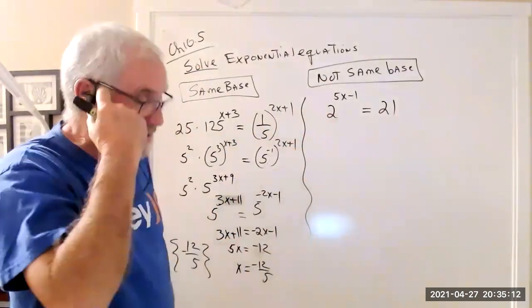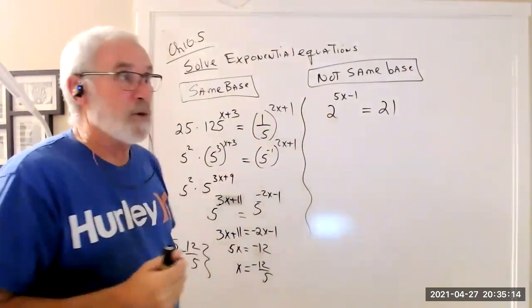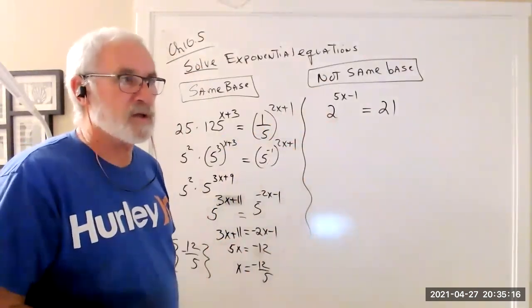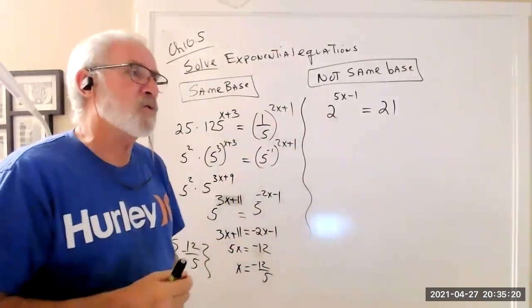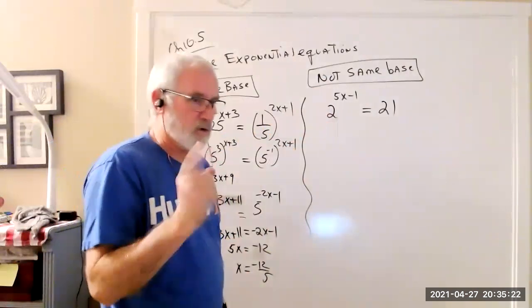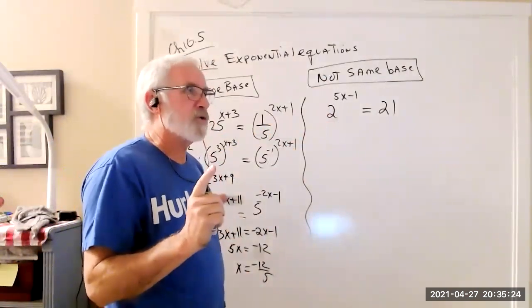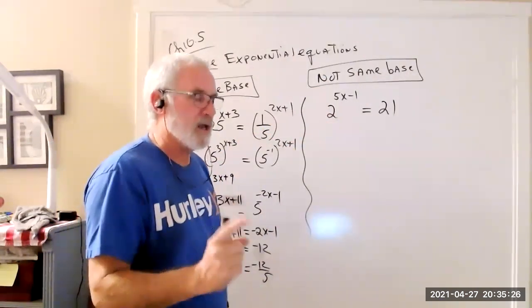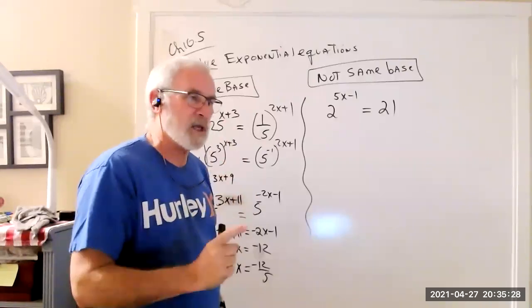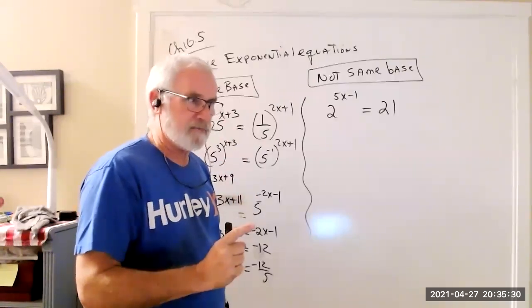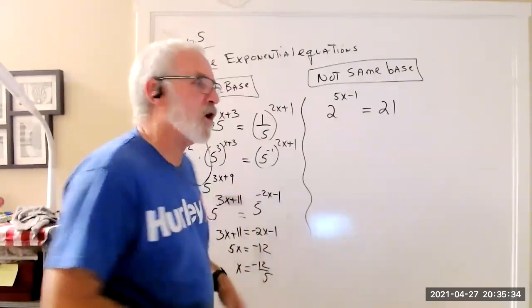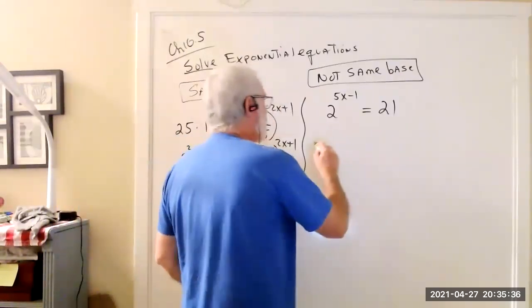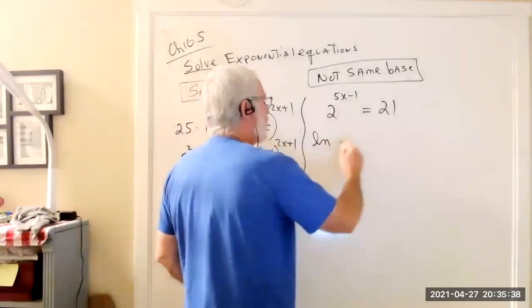Unfortunately, like I just said, there's more than one way to do this. I'm going to show you 2 ways. The first is the most common way. The second is a trickier way. Okay. The best, most common way is to take the natural log of both sides.